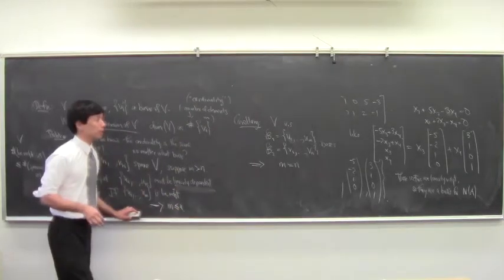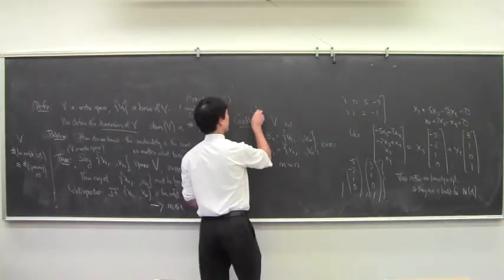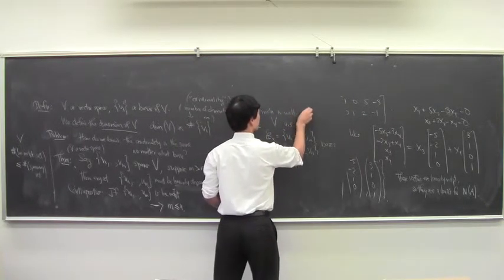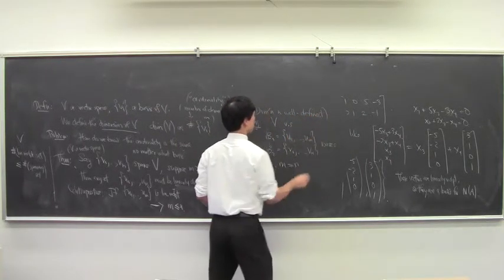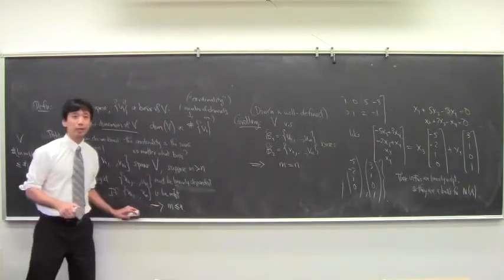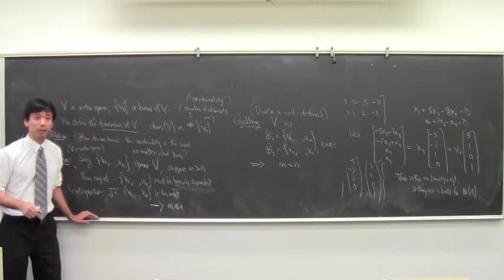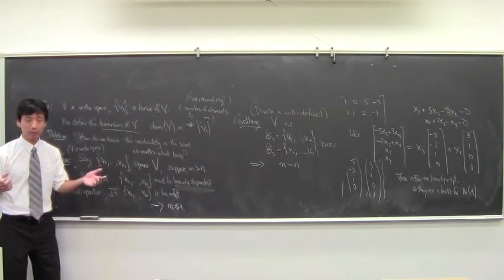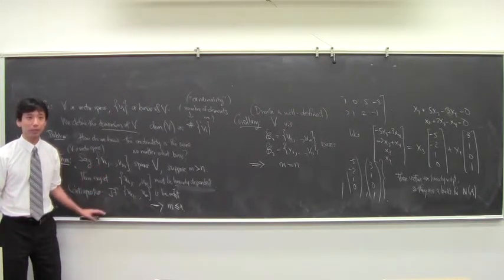So the dimension actually is well defined. Dimension is well defined. Right. If you have two bases for the same vector space, then they're going to have the same number of elements. So you don't have to worry that somebody could end up with another basis that has a different number of elements.